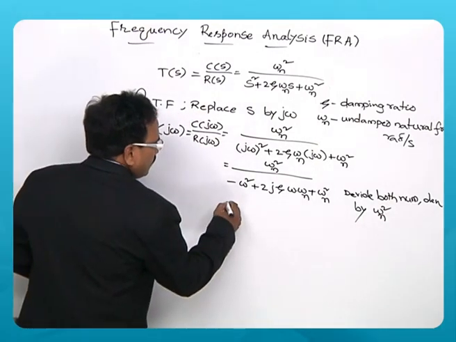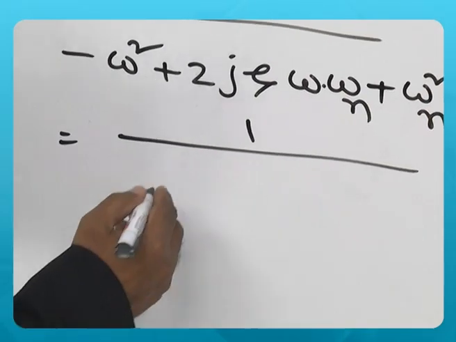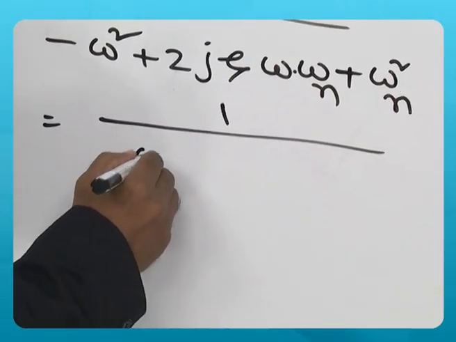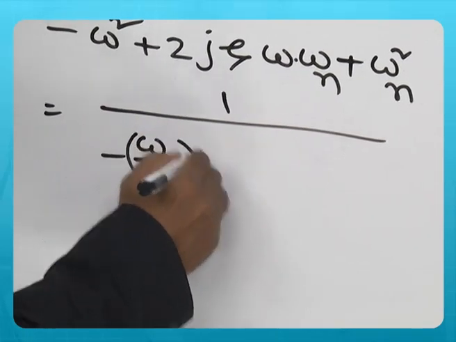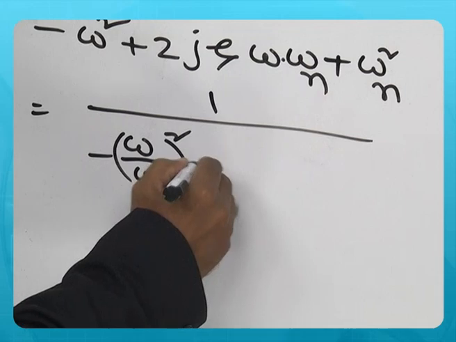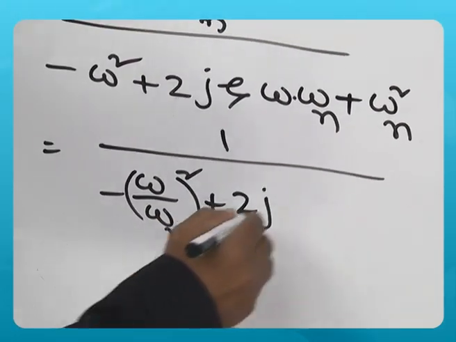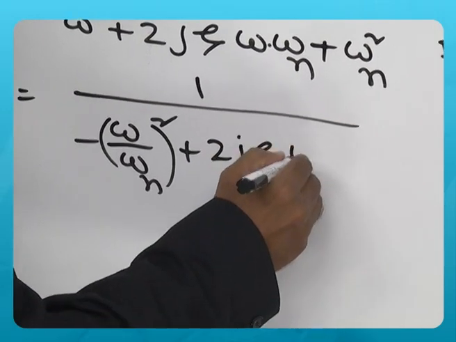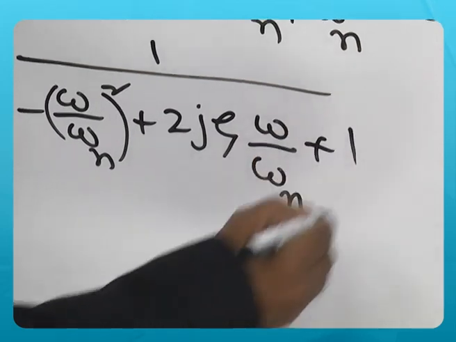So this becomes 1 in the numerator divided by minus (omega by omega n) whole square plus 2 j zeta omega by omega n plus 1.